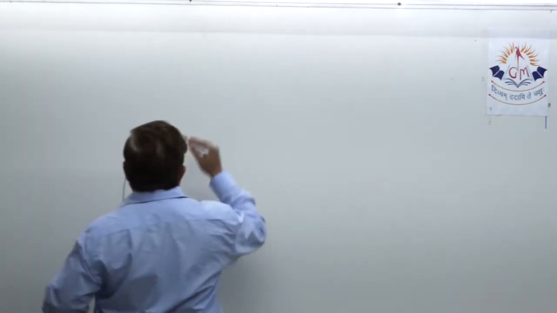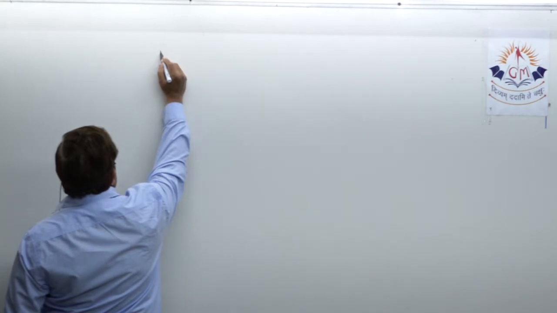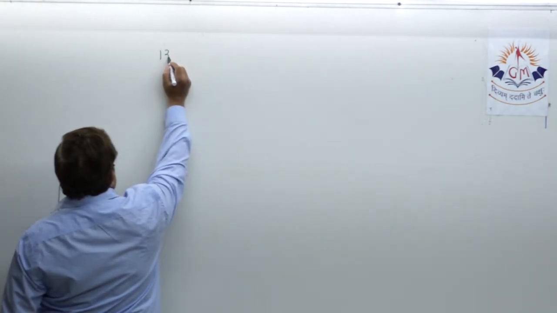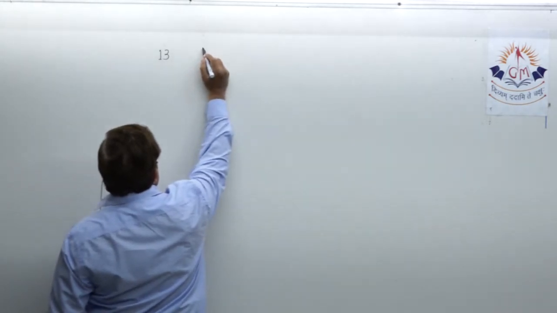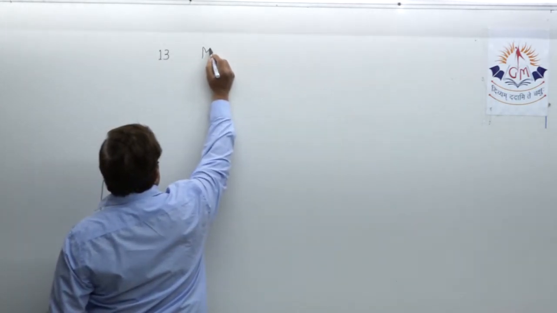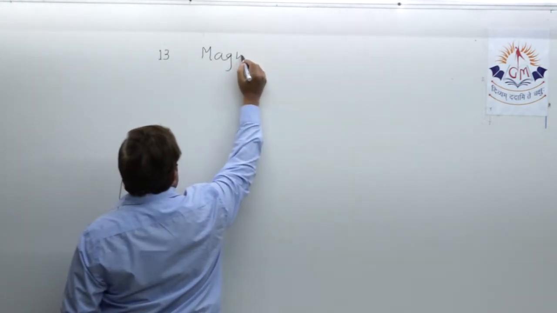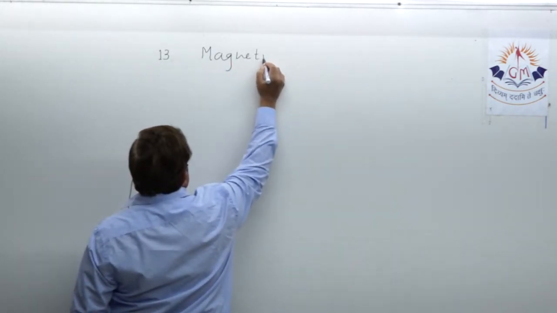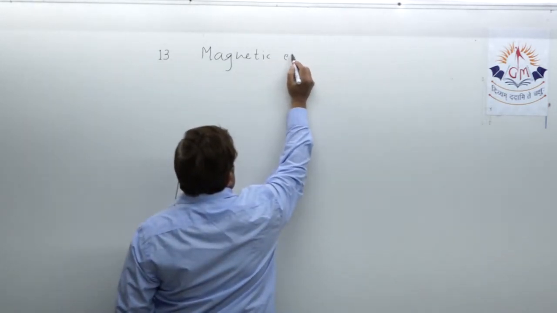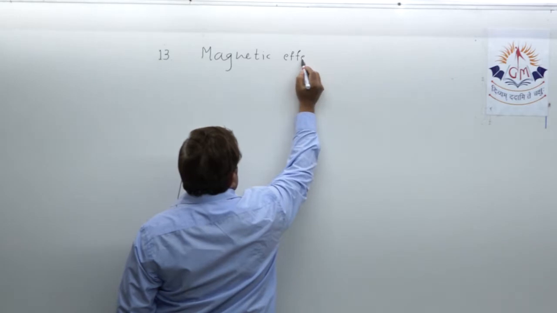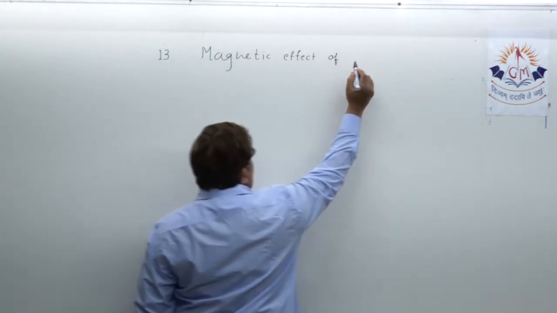That is chapter number 13, and you all know the name of the chapter. We are discussing in detail the magnetic effect of electric current.